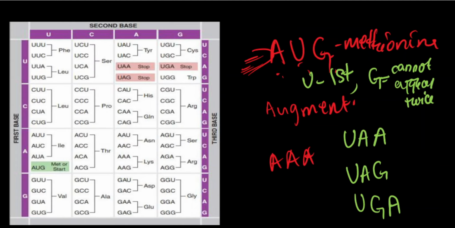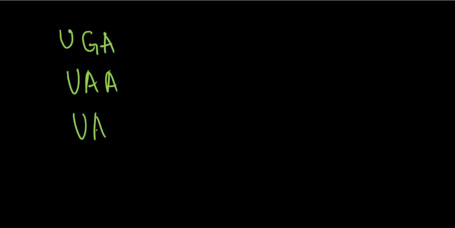So U would always be first, G cannot appear twice, so if we have a G, we'd have to have an A. A can appear twice, so we'd have a UAA, and we could have a UAG. Okay, these are the stop codons. That's the memory tip that I used to remember these stop codons.